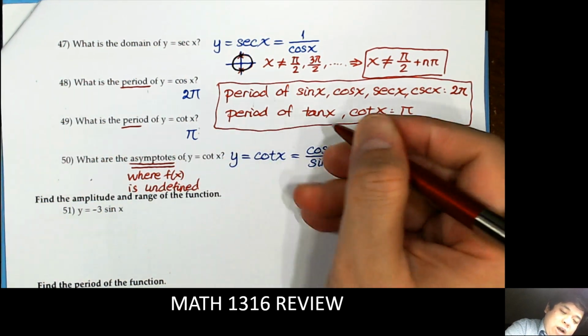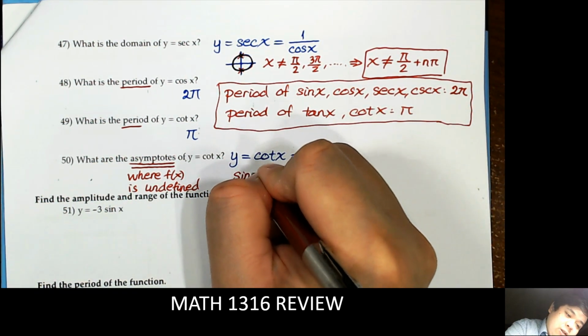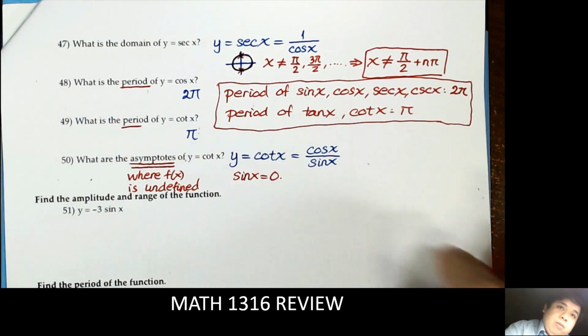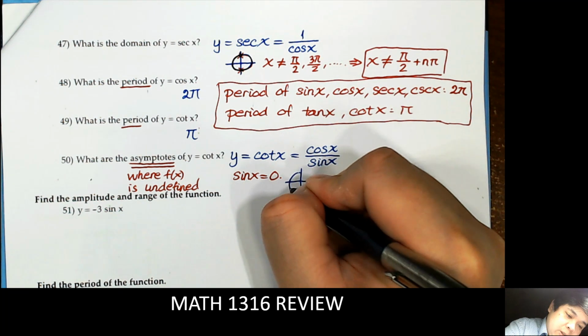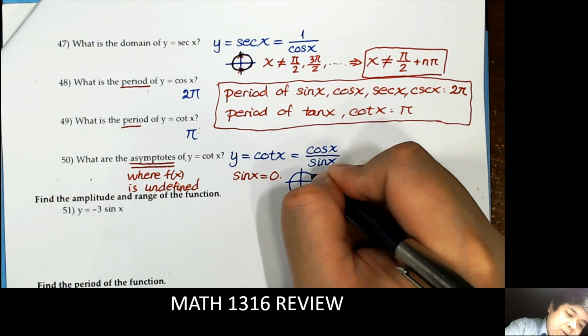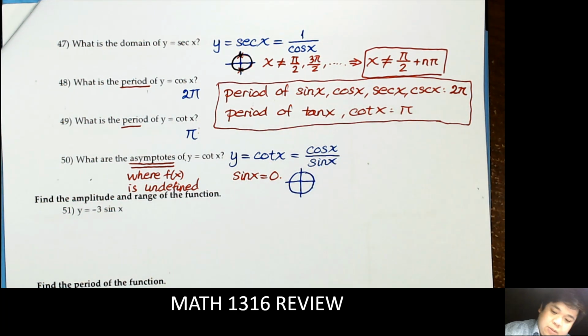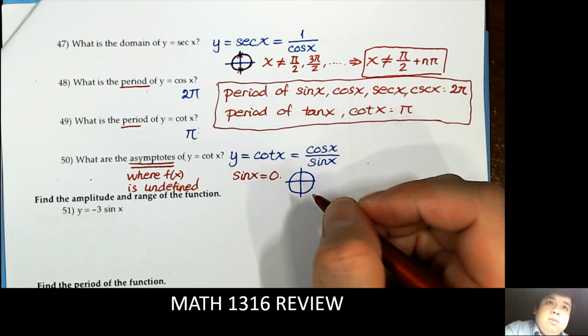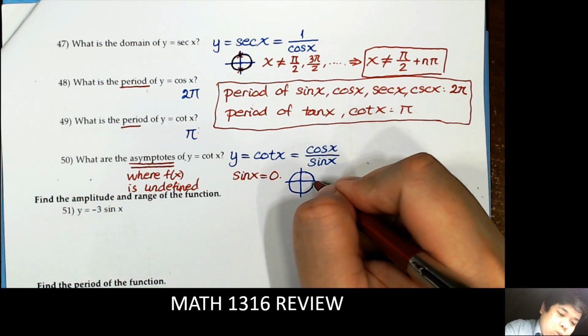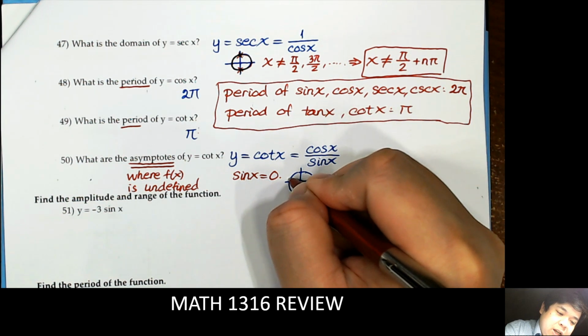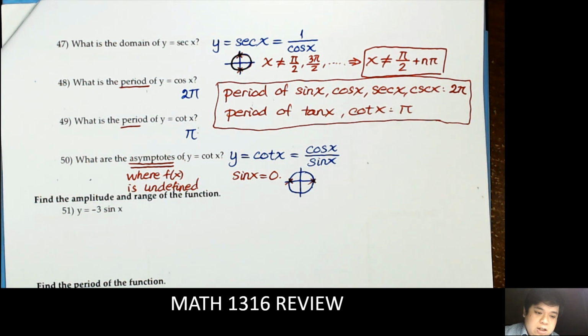So we look for where sine is equal to 0. Again, on the unit circle, sine is the y values. The y value equal to 0 will be here and here.